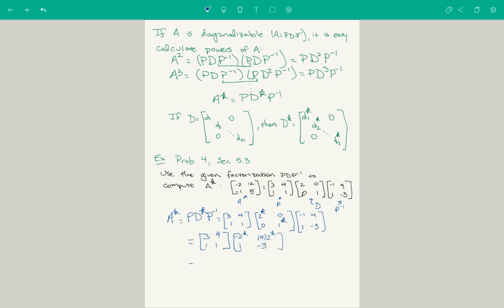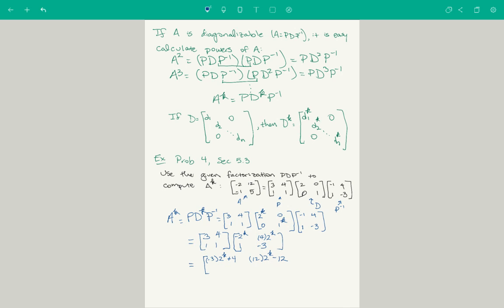And then we can multiply and get our leftmost matrix in. So we've got 3 times negative 2 to the k, so it's negative 3 times 2 to the k, plus 4 times 1. And then our upper right, we've got 12 times 2 to the k, that's 3 times 4 times 2 to the k, minus 4 times 3, so minus 12.